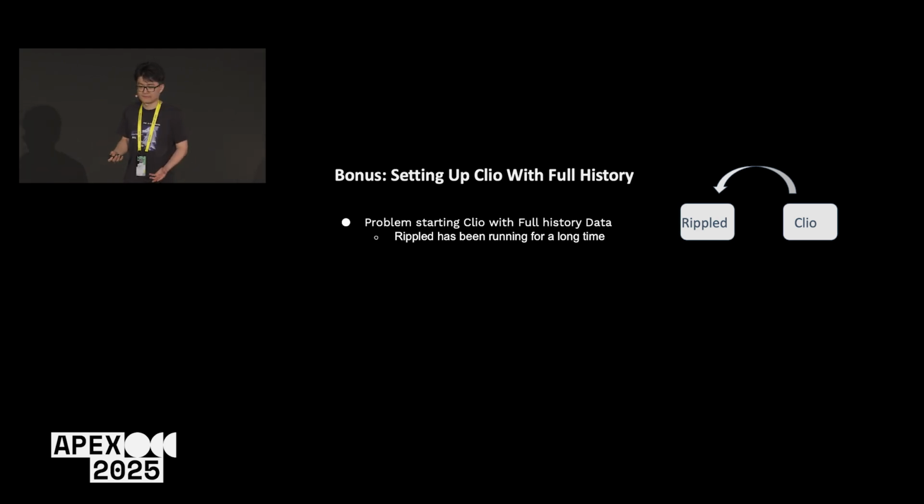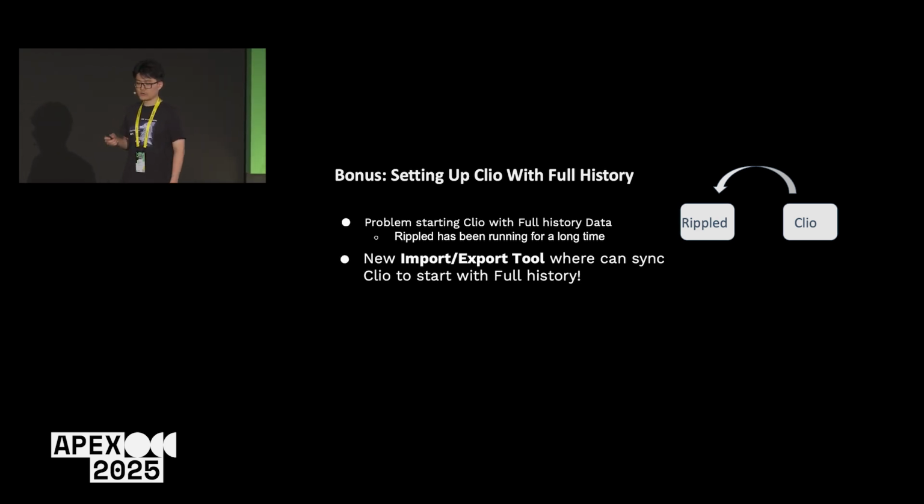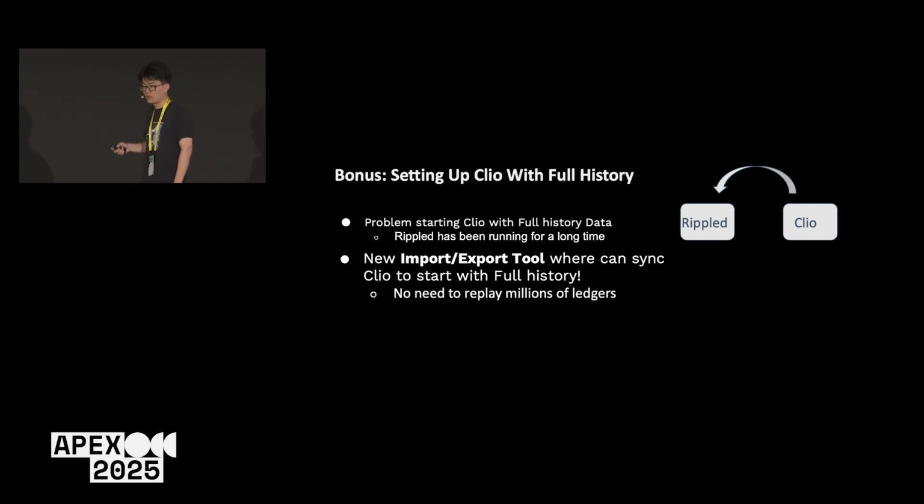That's a problem, right? So there is a new import-export tool which can sync Clio to start with full history. How it works is it compresses the Ripple data, and then you're able to start Clio with this data, and Clio will have all the history.